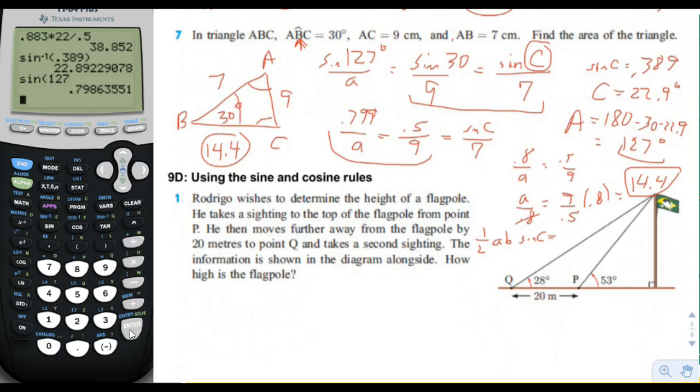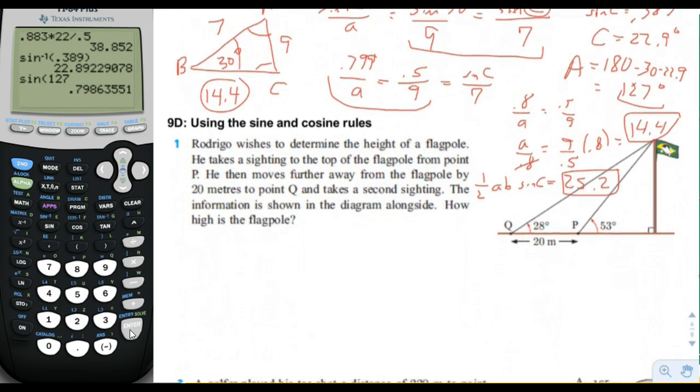Sine of 30 is a half. So I'm going to have a half times a half times each of the sides. So I have one side is 14, one side is 14.4. And so the answer is 25.2. So the area is going to be 25.2 square whatevers. Okay? And I just invaded the space down here.